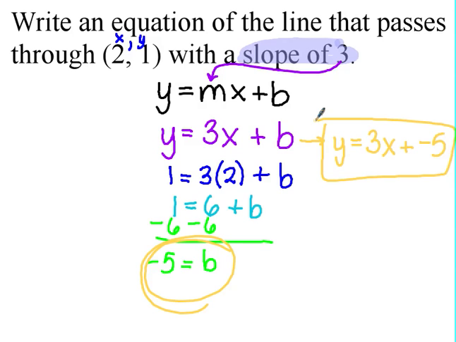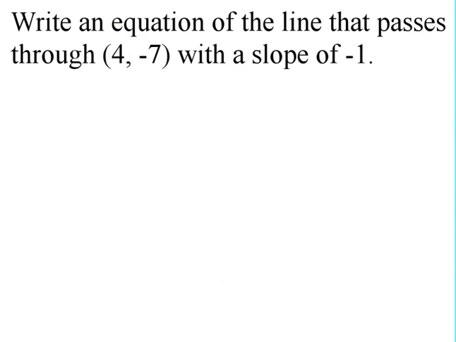All right, we're going to look at another one of those. Write an equation of the line that passes through (4, -7) with a slope of -1. So if I were taking notes, I would just put slope of -1, passes through (4, -7).